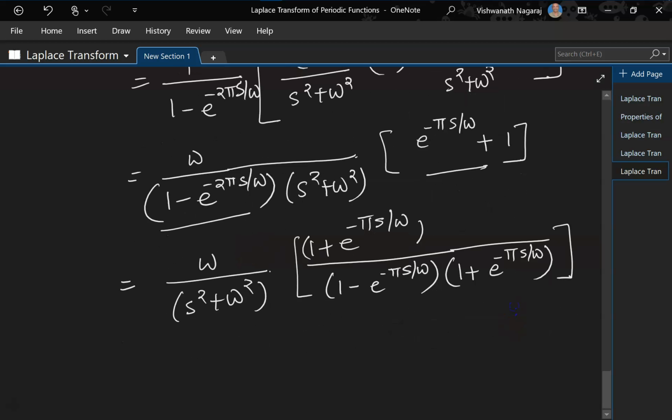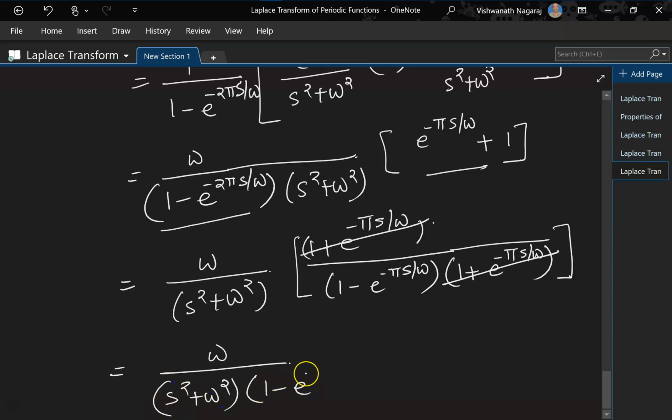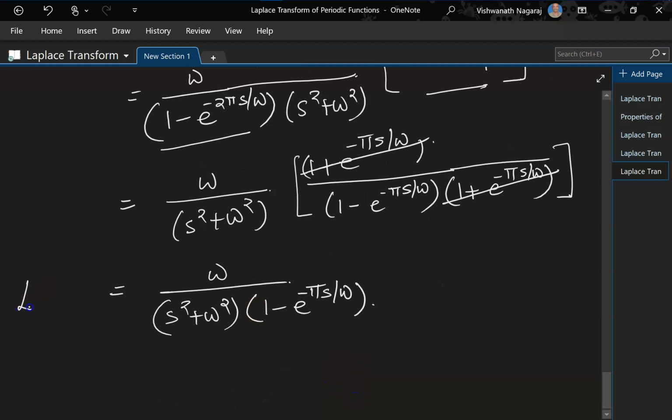So this and this cancel out, and we are left with omega by s square plus omega square times 1 plus e to the power of minus pi s by omega. That is the Laplace transform of this function.